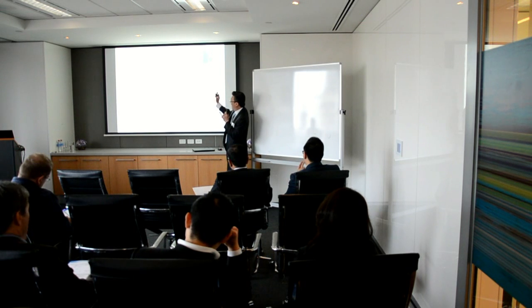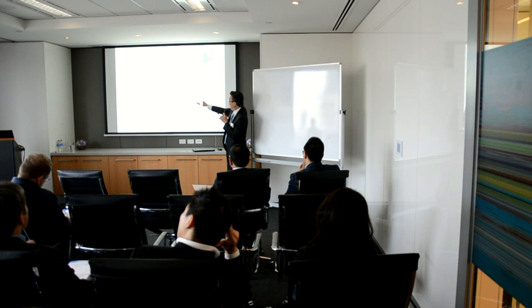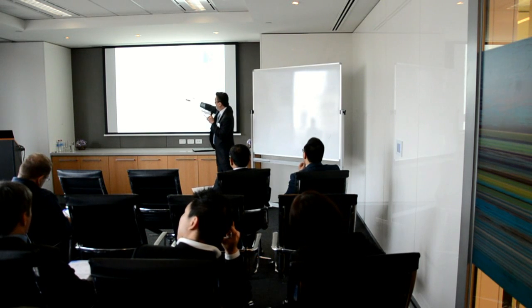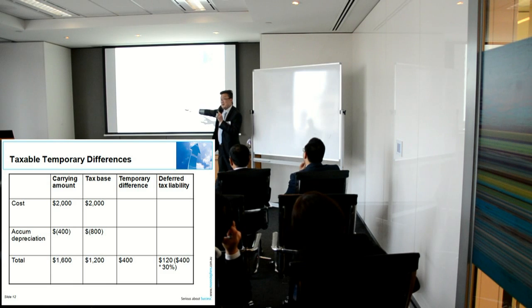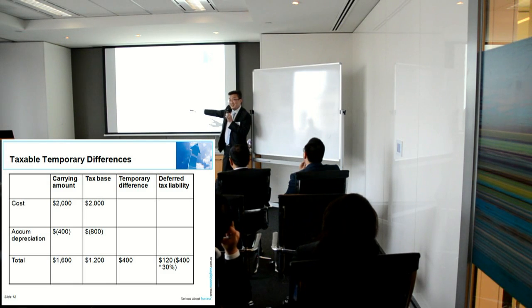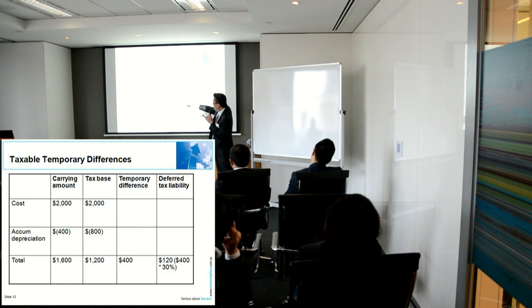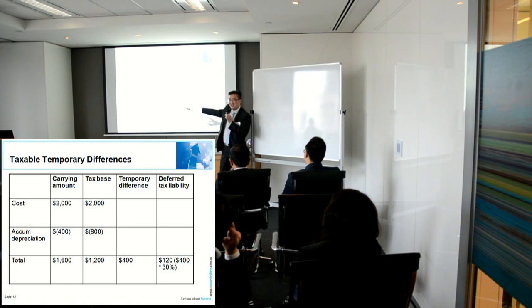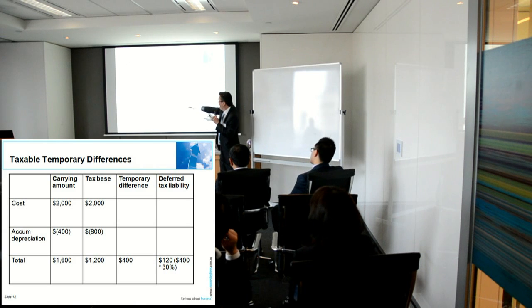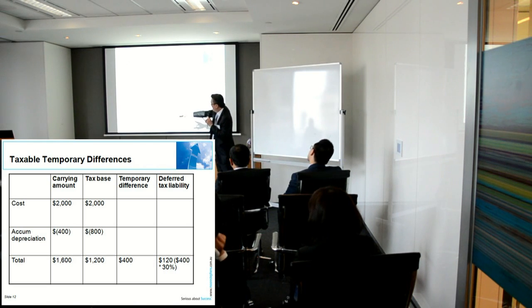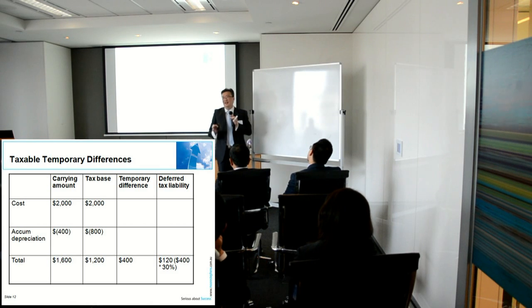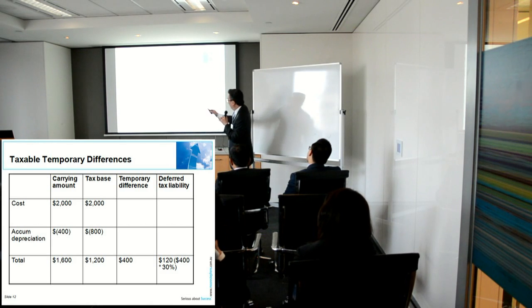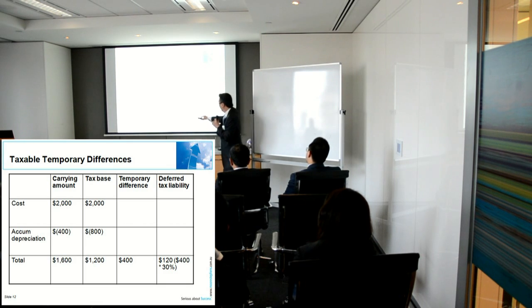So we got equipment costing $2,000. Depreciation at 10% over 2 years is $400. For tax purposes, it's double the accounting depreciation, so it's $800. So you got a carrying amount of $1,600 and a tax base of $1,200.